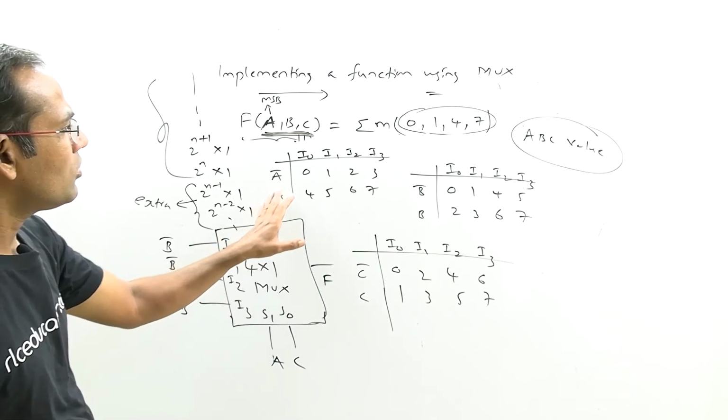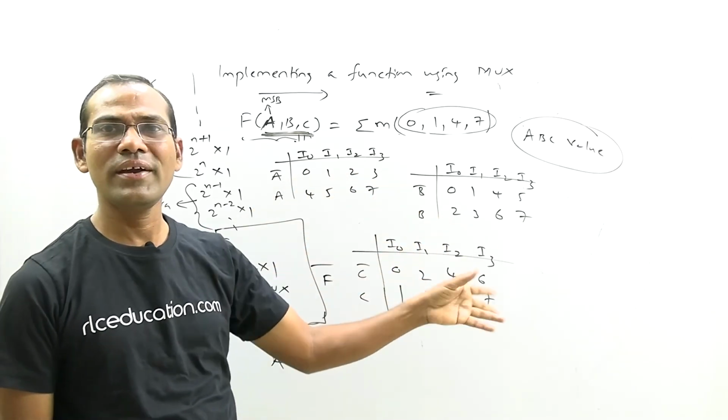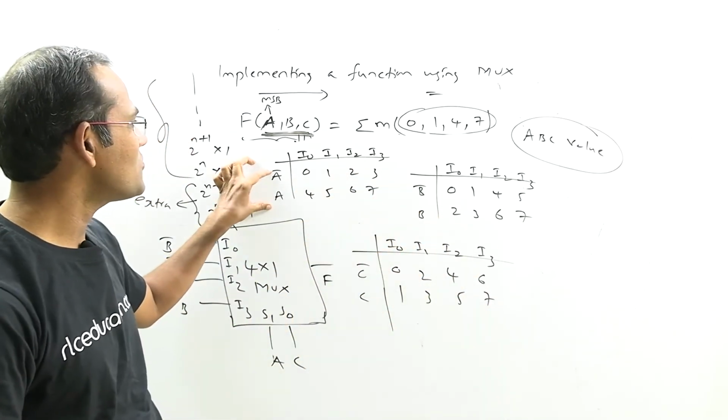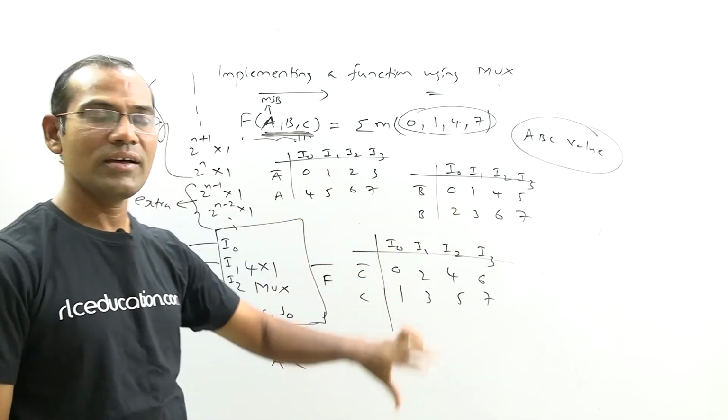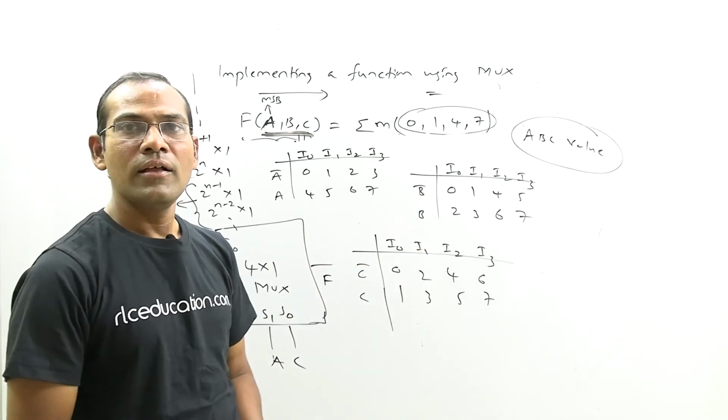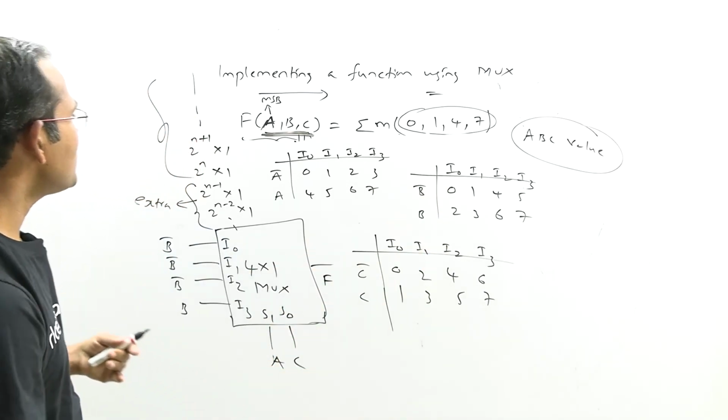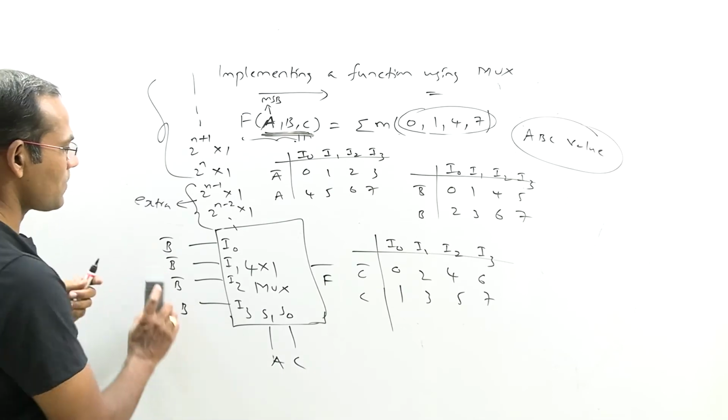Just follow these tables. If you remember them, it's better. Whenever A is used, it should be like this. B is used like this. C is used, it should be like this. Remember these tables. That's about implementing by using a 4x1 mux.